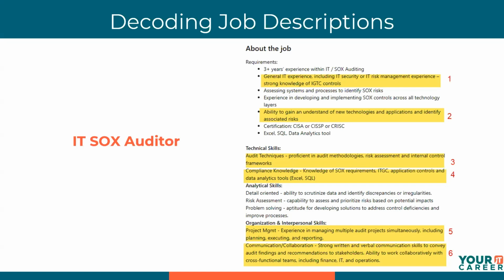They also talk about organization and interpersonal skills. Soft skills are critical for audit and compliance because you are consistently working with people. You have to have emotional intelligence. You have to know how to approach people the right way to get the information you want from them. So it's a balance of technical skills, analytical skills, and organization skills.